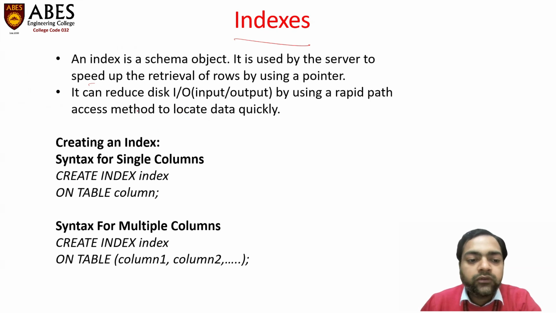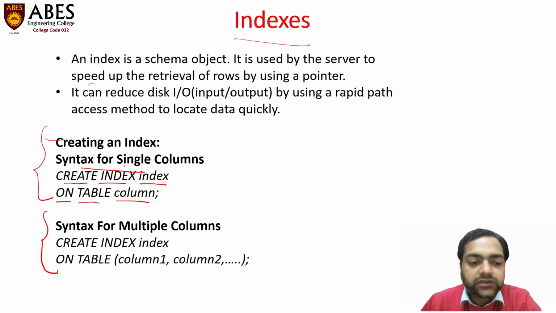Let us understand how we will create an index. We can create an index based on a single column or on multiple columns. What will be the syntax for a single column? We use the create command, because we use it to create anything. After that, index, then the index name, and on which table and which column you want to create this index: on table, and then the column.